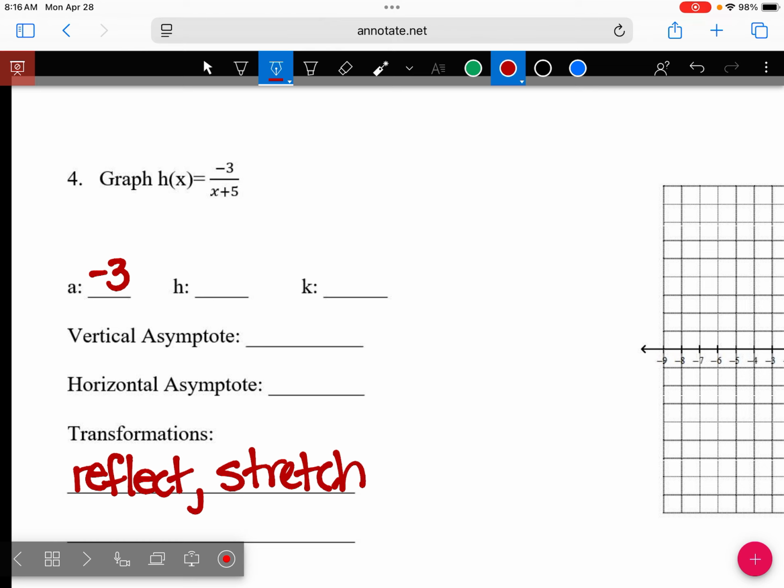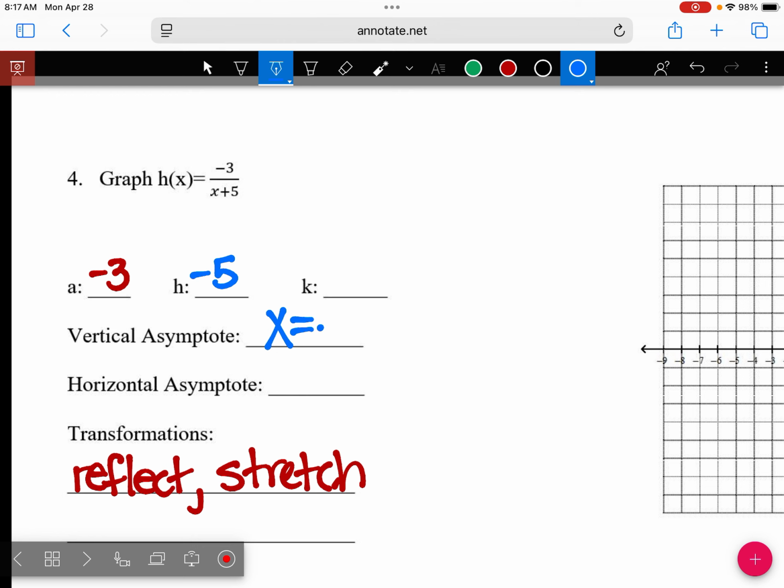Now, H is always in the bottom, the denominator, but you flip the sign. So H would not be a positive 5. It would be a what? What would it be? Instead of positive 5, it's going to become what? Negative 5. Now that is going to control my vertical asymptote.